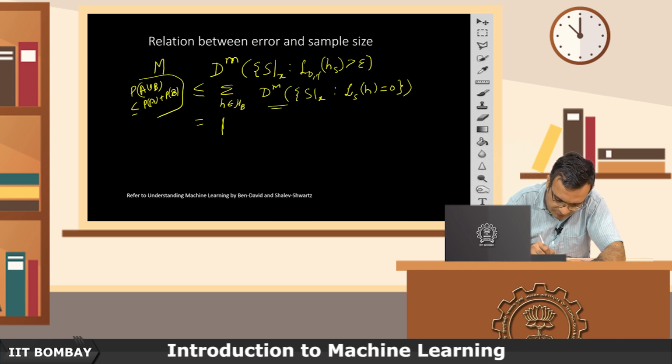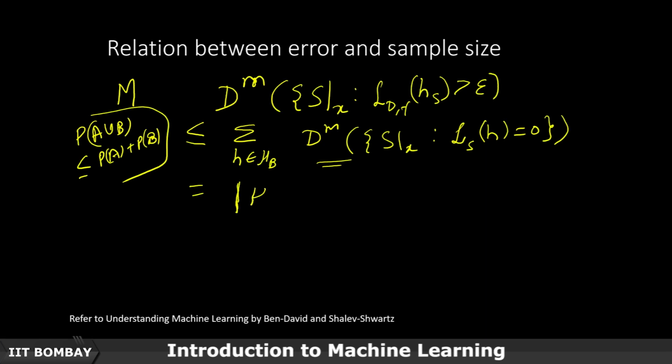So this is again less than or equal to the total number of hypotheses in H, times the product for i equal to 1 to M, from the distribution D, of drawing x_i such that h(x_i) is equal to f(x_i).